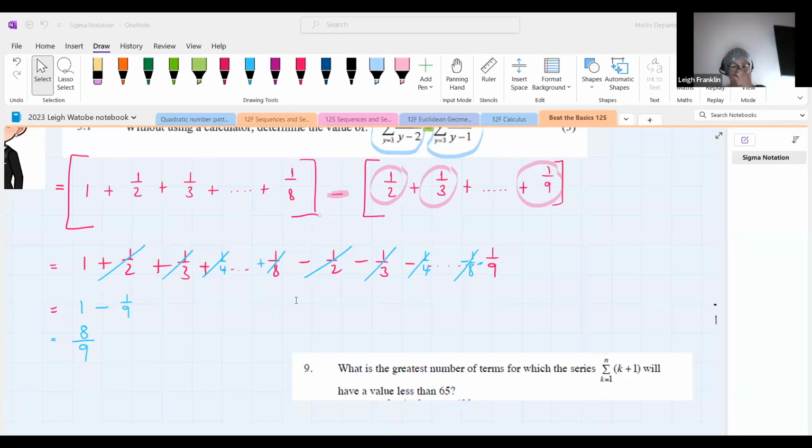And in the exam, how many marks does this section count? Sequences and series is about 30 marks. If you take into account quadratic number patterns from grade 11, together with the new stuff, it's anywhere between 25 and 30.